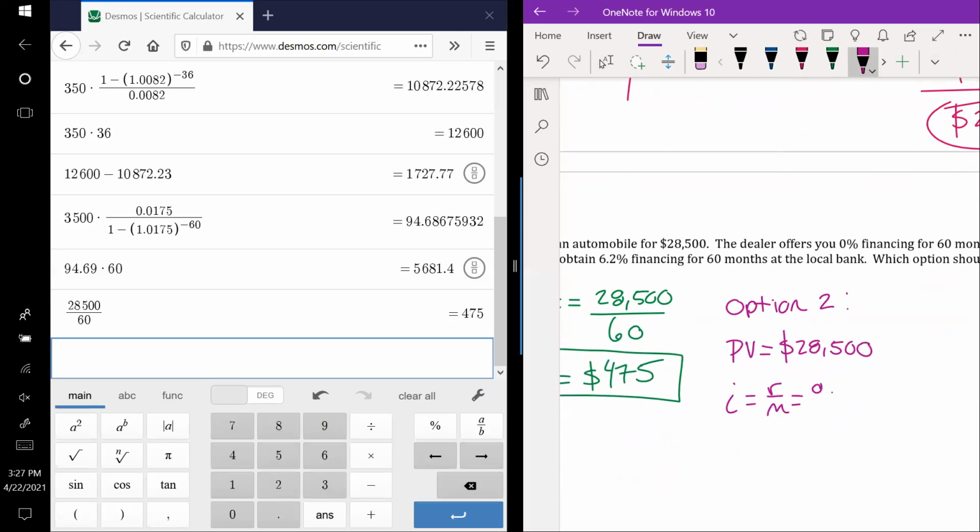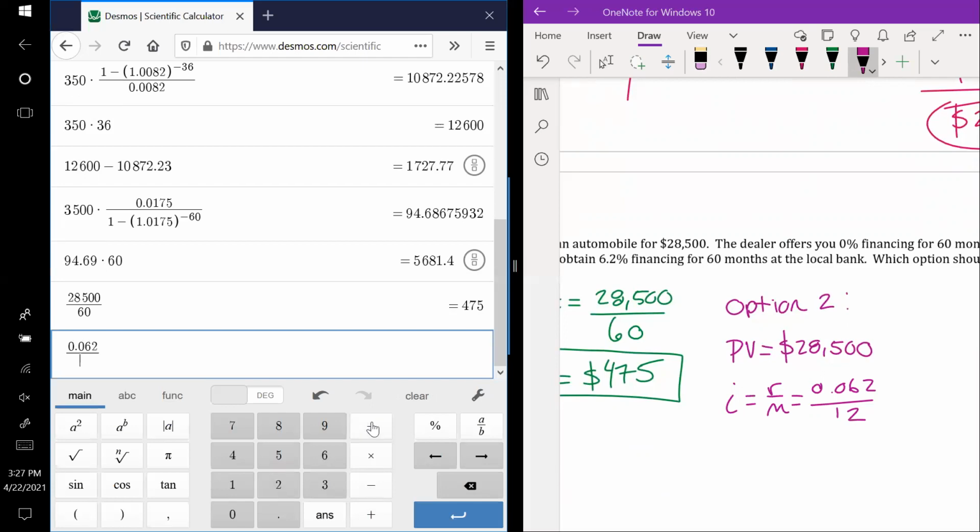So we're going to get 0.062 over 12. Now, is that a nice number? No. So we're going to leave it as the fraction. And then we're going to be doing this for 60 months. So they're giving us N. N is 60.